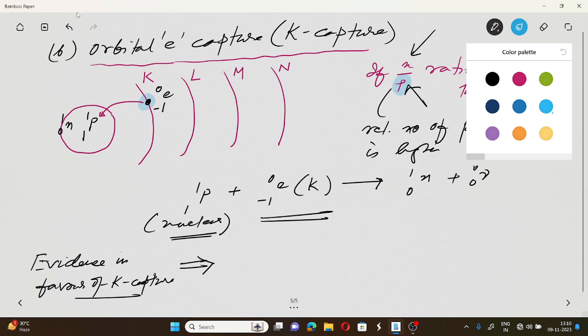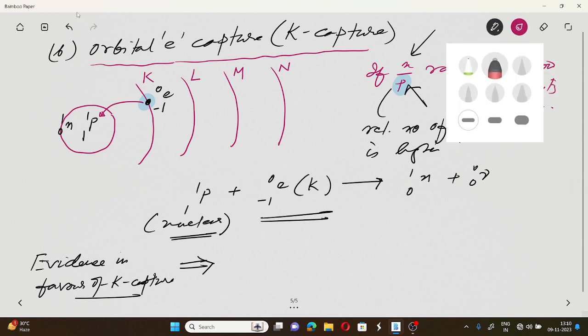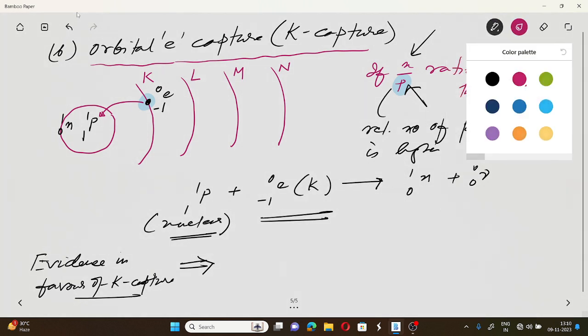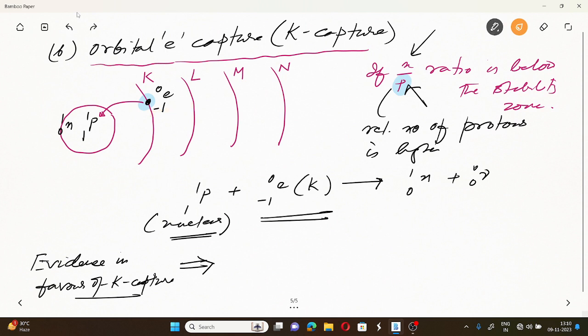So if this electron in the K shell is captured by the nucleus, then a vacancy will arise in the K shell, and electrons from the higher levels, maybe L, maybe M, can be transferred to the K shell. Now, if these are transferred to the K shell, obviously energy will be emitted, isn't it? Because electrons are transferred from higher to lower level.